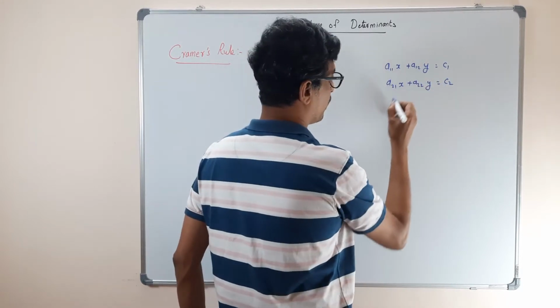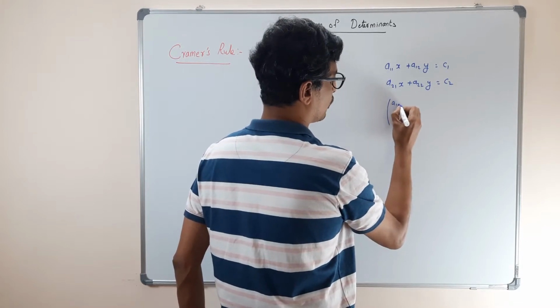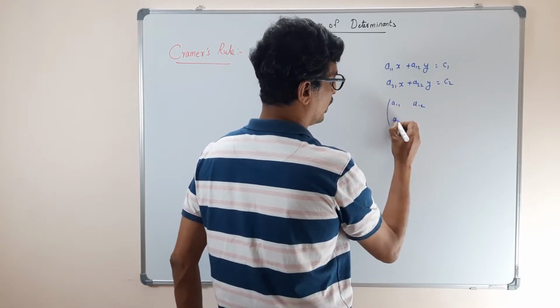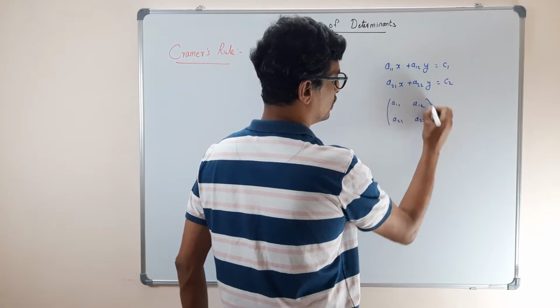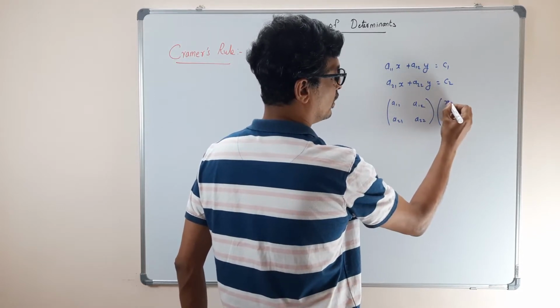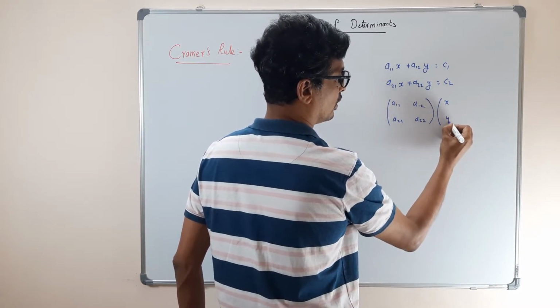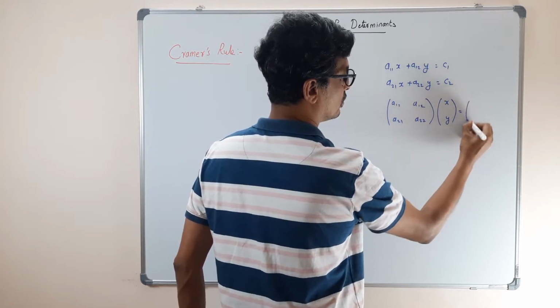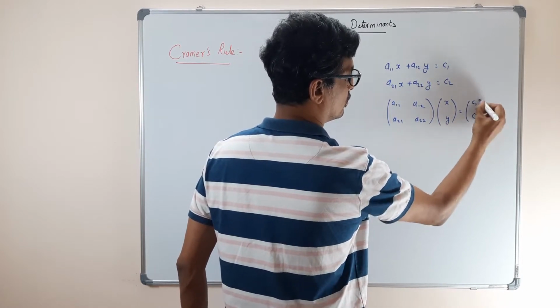So in a matrix equation, how does it look? A11, A12, A21, A22, times X, Y, equal to C1, C2.